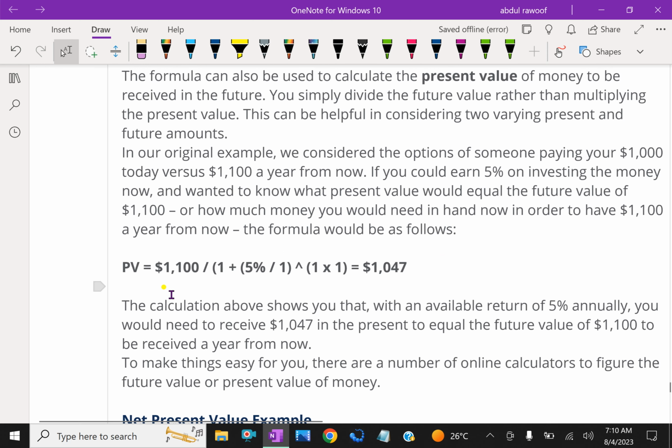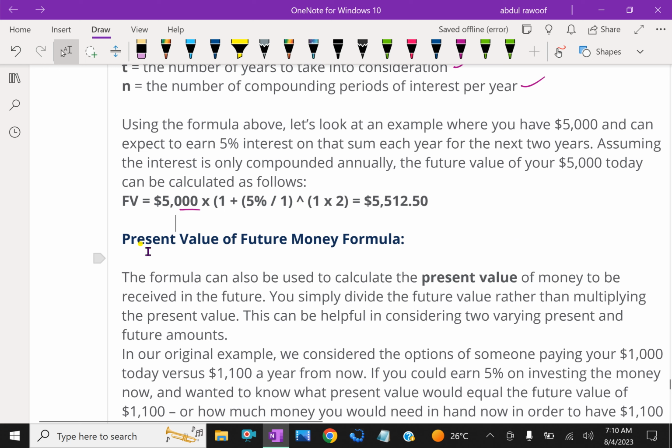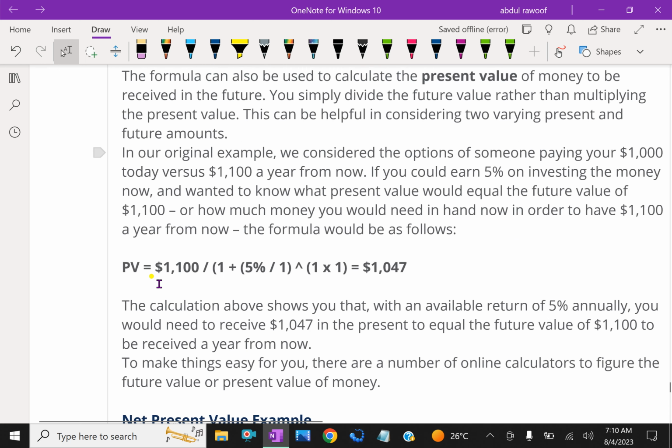Present value equals 1,100 divided by (1 plus 5% over 1) to the power 1 times 1 year. The number of compounding periods is once a year. Therefore, it gives 1,047. That means if we invest this 1,047, you get 1,100 after 1 year.